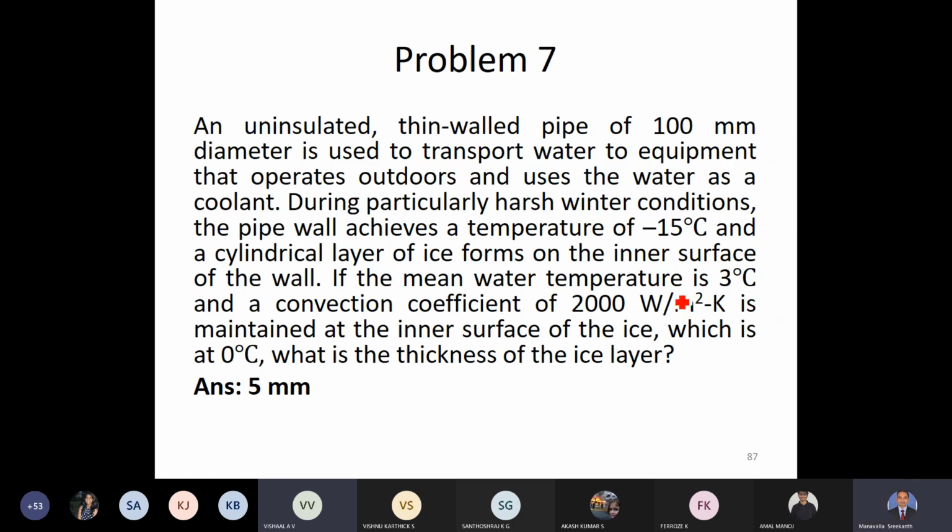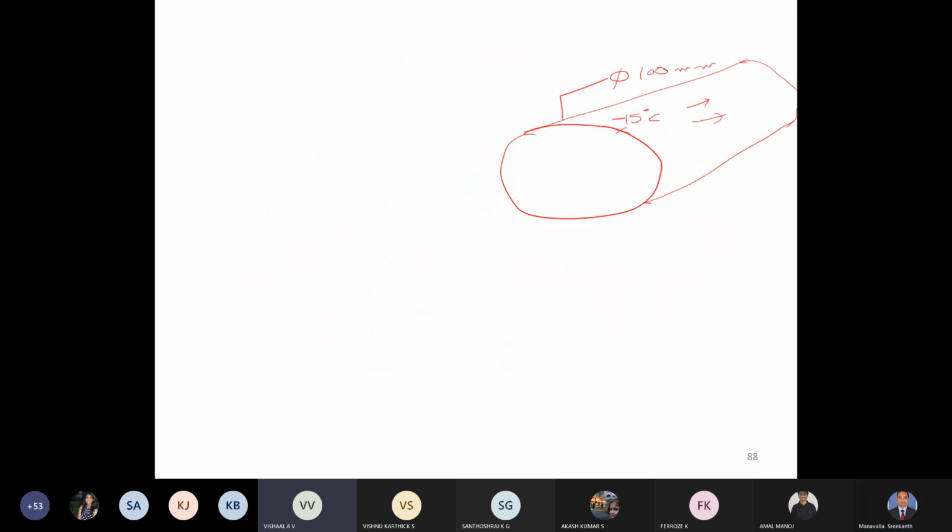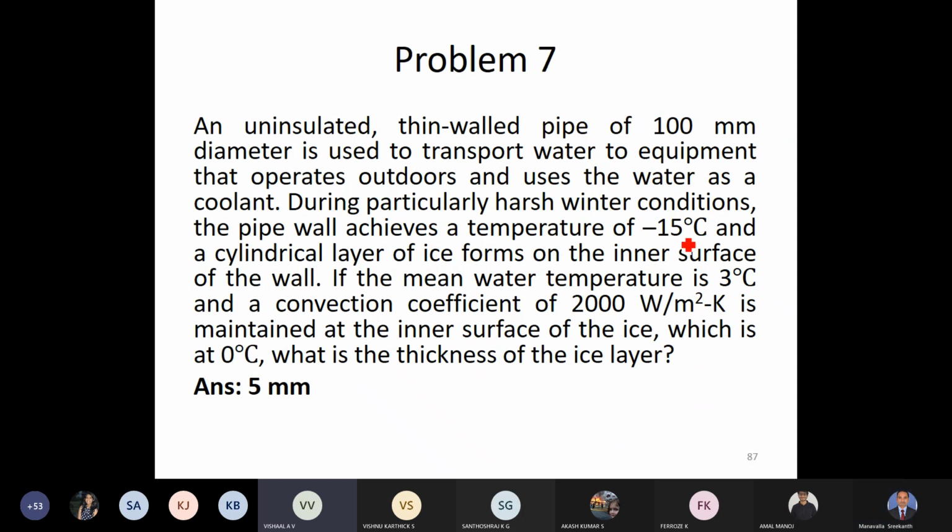Then we have the mean water temperature, which is 3 degrees Celsius, inside this pipe, and this pipe doesn't have any thickness. h is 2000 watts per meter squared Kelvin, which is a high value of heat transfer coefficient.